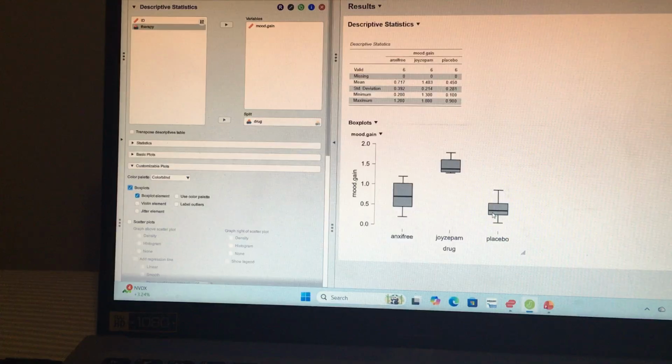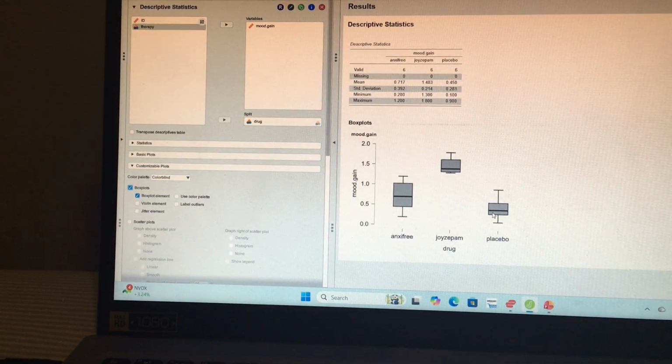The anxiety-free group shows a larger mood gain than the control placebo group, but the difference is not as large. So the question we want to answer, the research question is, are these differences real, okay, or are they just due to chance?